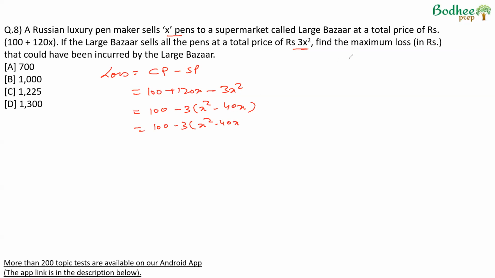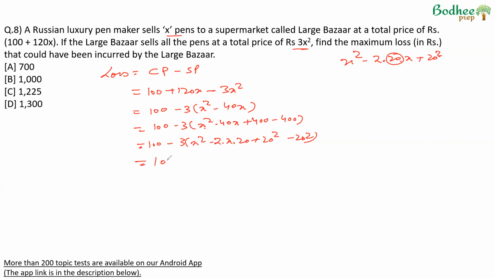This is 2 in X square minus 40X, is X square minus 2 into 20X. A square minus 2ab plus b square, so this becomes b. So therefore, we have to have plus b square in the end. So we add 20 square and subtract 20 square. So this becomes 100 minus 3 into X square minus 2ab plus b square minus b square.